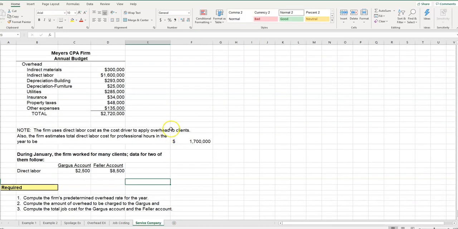In our last example, we're applying overhead calculations to a service company. So we have information about a CPA firm's annual budget with total overhead expenses budgeted for the year of $2,720,000. This firm uses direct labor cost as the cost driver to apply overhead to clients. When we use direct labor hours, we calculate a rate per hour.